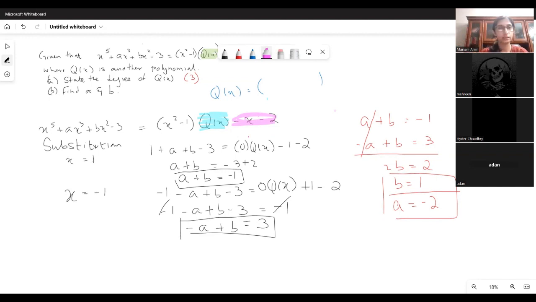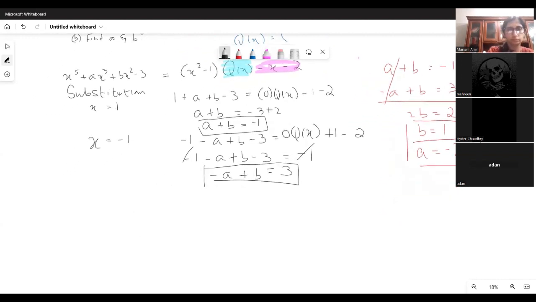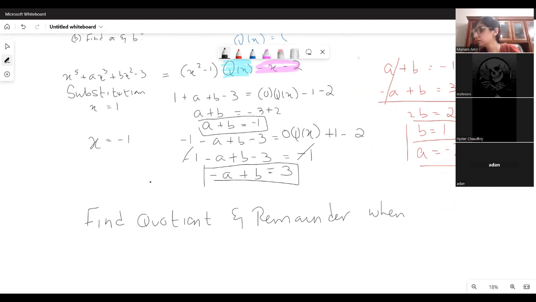Find the quotient and the remainder when x cubed minus 3x square plus 5x minus 4 is divided by x minus 5.